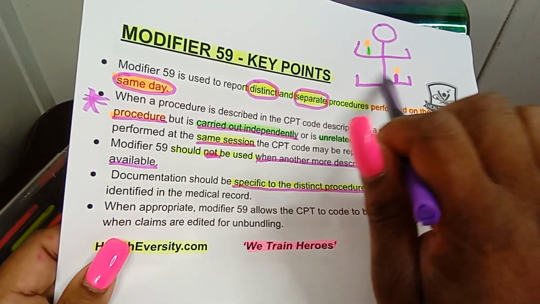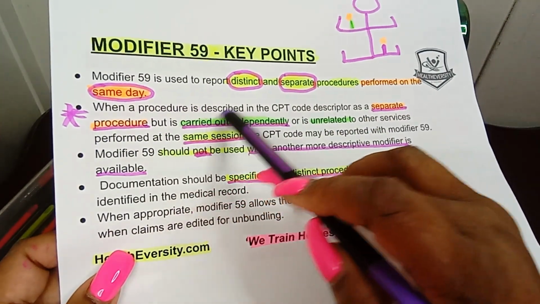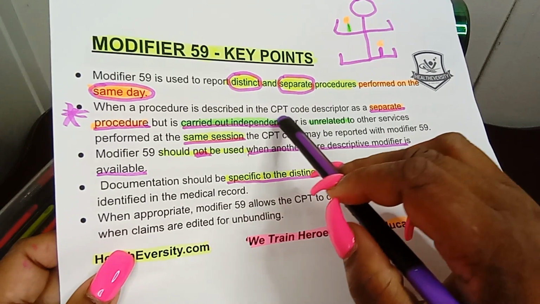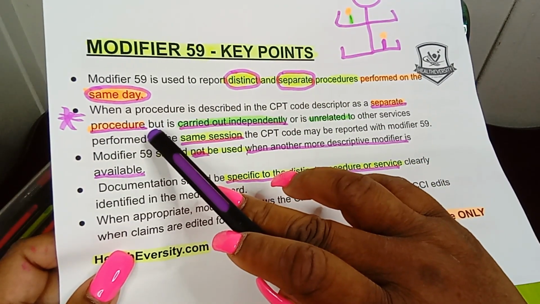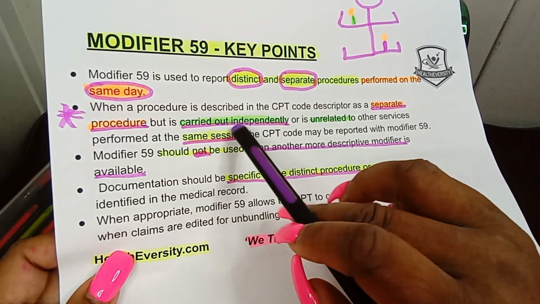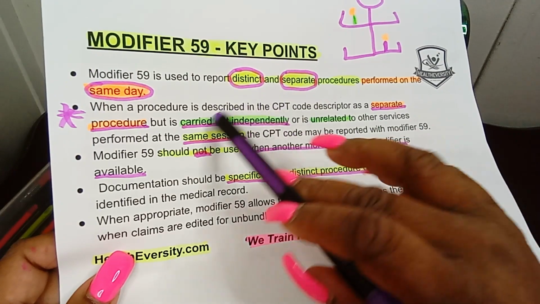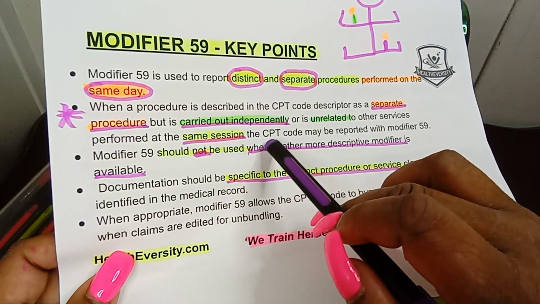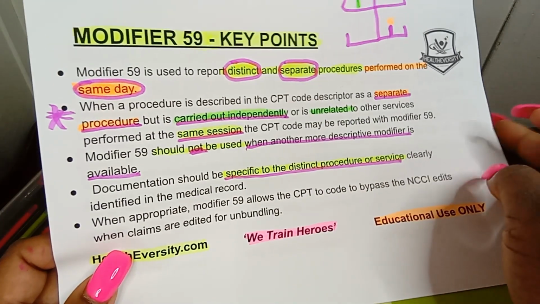And the different procedures at the same time. When a procedure is described in the CPT code descriptor as a separate procedure but is not carried out independently or is related to other services performed in the same session, the CPT code should be reported with modifier 59.